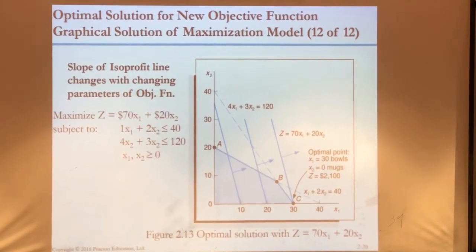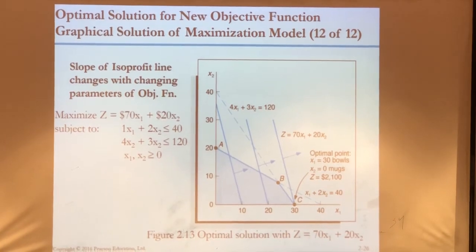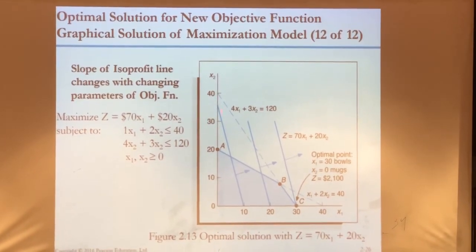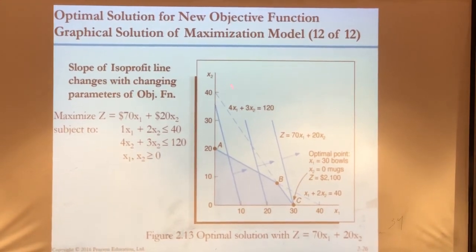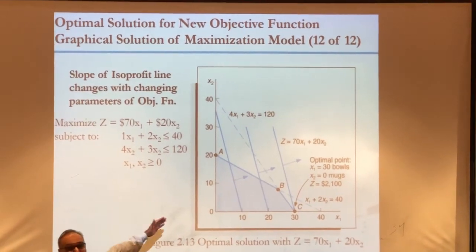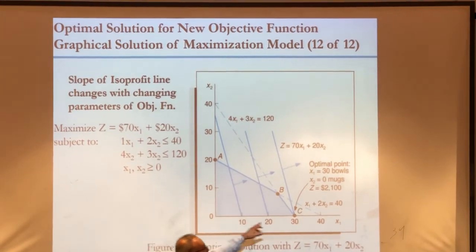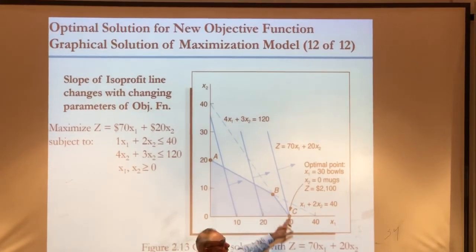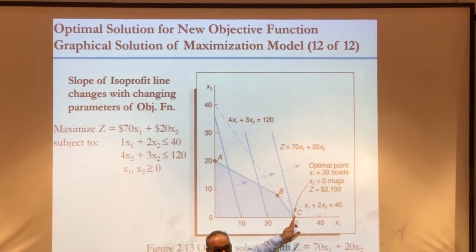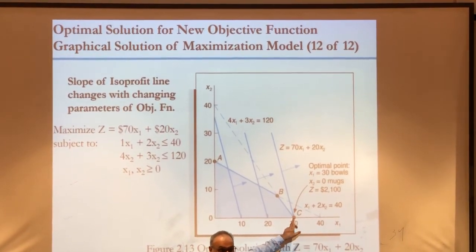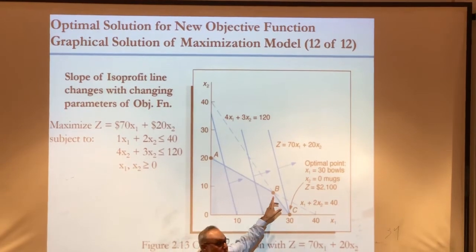Now, when these parameters are changed, you can see the slope of the isoprofit line has changed, and if you draw parallel lines again and move away from the origin, the last point hit is not B now, it is now C. So the optimal solution is now at point C, not at point B.